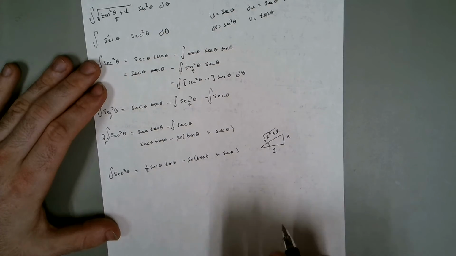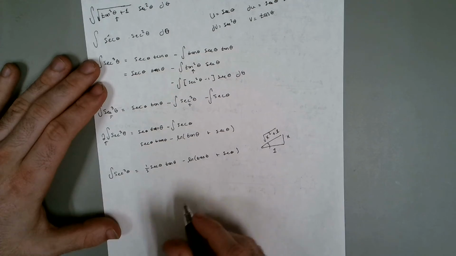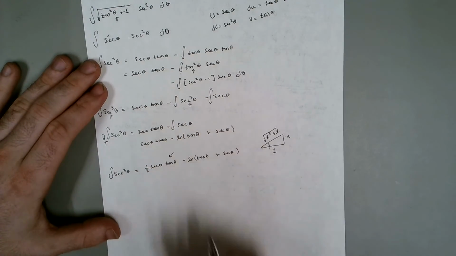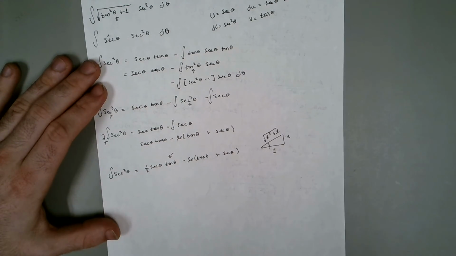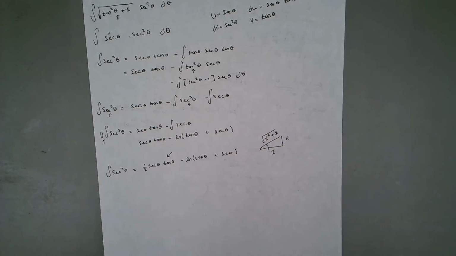So our tangent of this arctangent is actually just going to be x. So wherever we see the tangent, we'll be able to plug in x. But our secant is going to be, again, this was the same triangle we had in the last video. It's going to be 1 over cosine, so it's going to be 1 over adjacent over hypotenuse. So it's going to be hypotenuse over adjacent, right?